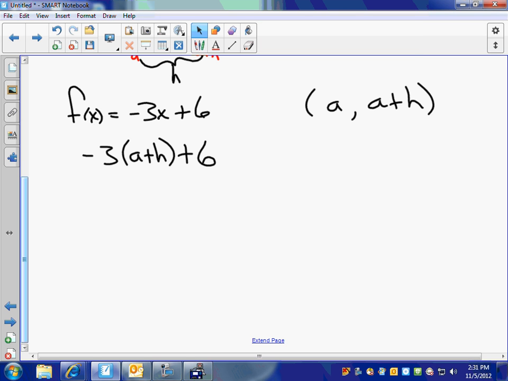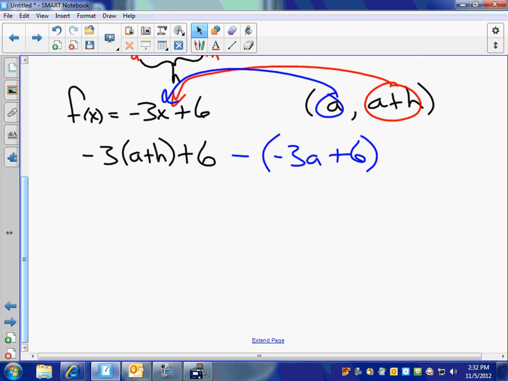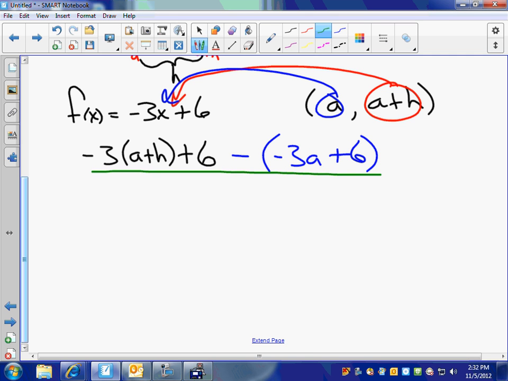Now I'll do the second piece. What do I get if I plug that in? So minus negative 3a plus 6. Okay? And then I divide the whole thing by h. So I got to simplify that.